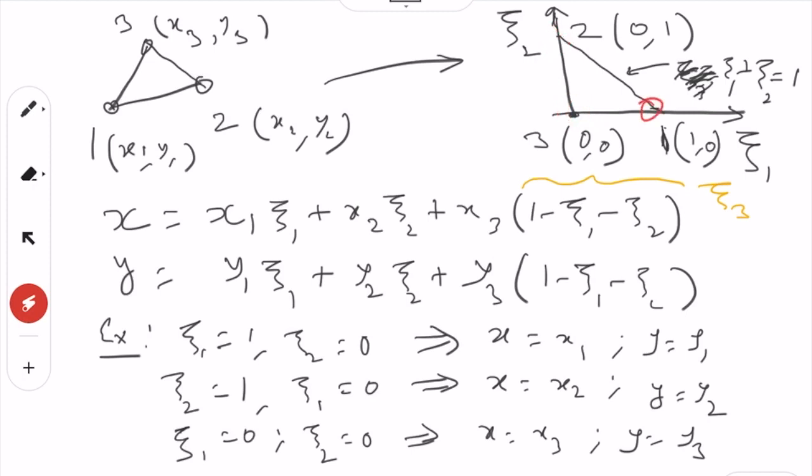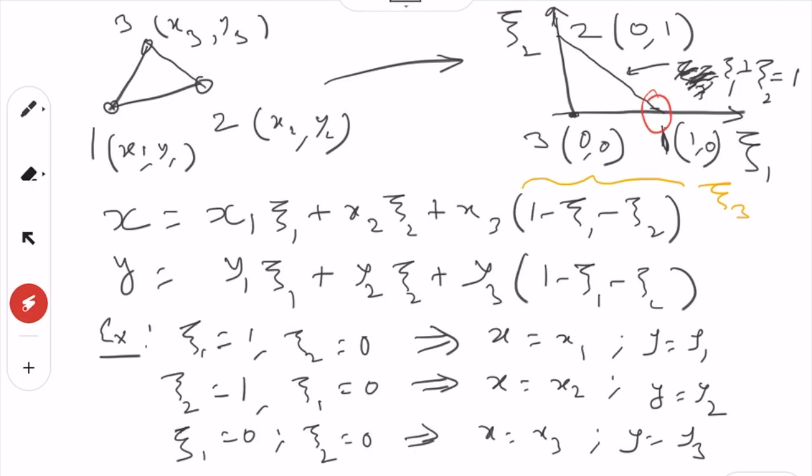So we can see readily that on this line we can find the equation. Since N1 has to be 1 here and 0 here, the equation of that line is simply xi1 equal to 0.